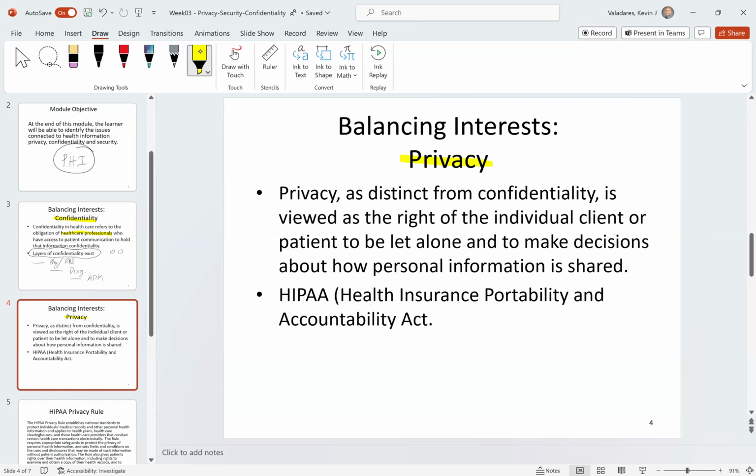It is looked at as the right of an individual, and we use the term client, patient, person, user, to make up their own mind in terms of how that personal information is shared.